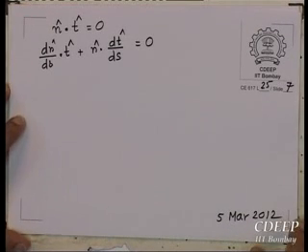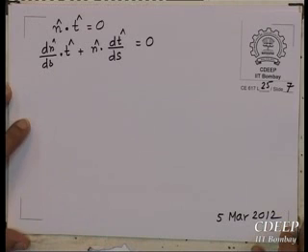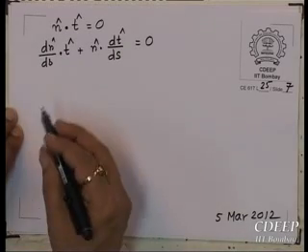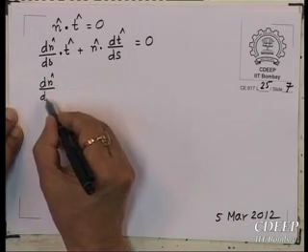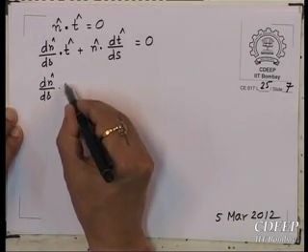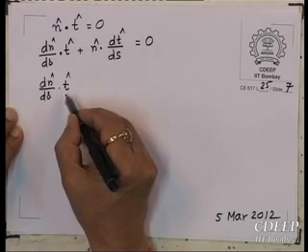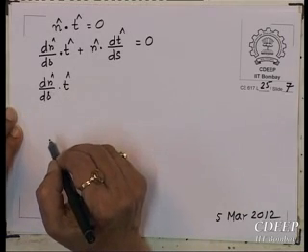In general, I am saying, any tangent vector you take, any normal vector you take. So we are just doing dn by ds into t, tangent vector.